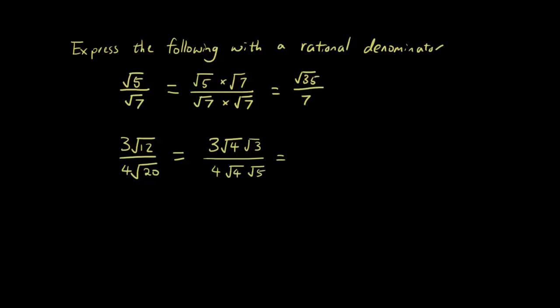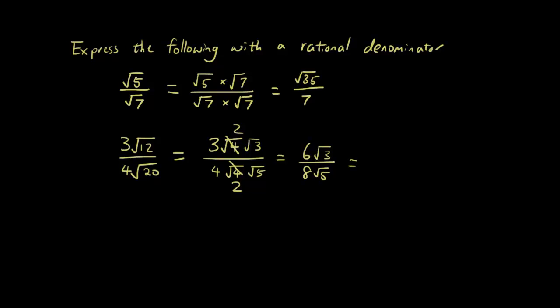Square root of 4 is just 2, so I have 3 by 2, which is 6, times square root of 3, over 4 times 2, which is 8, times square root of 5.